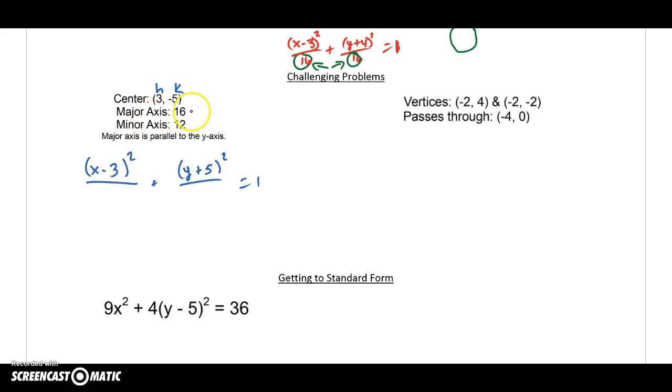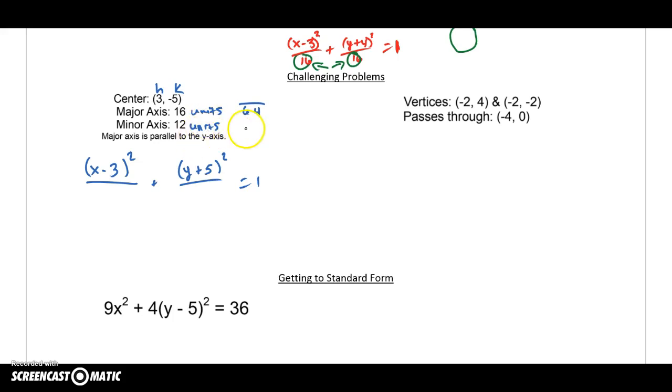My major axis is 16 units, which means 8 in both directions from the center. I don't know if it's up and down or left and right, but if I'm going 8 units, that means 8 squared, 64, is one of my denominators. If your minor axis is 12 units, that means it's 6 in both directions, either left, right, or up, down, depending on how we're stretching here.